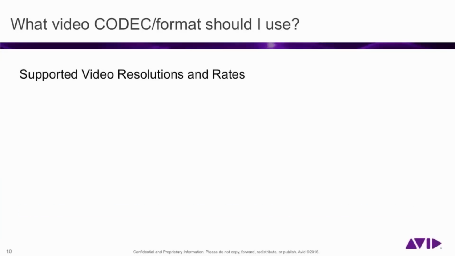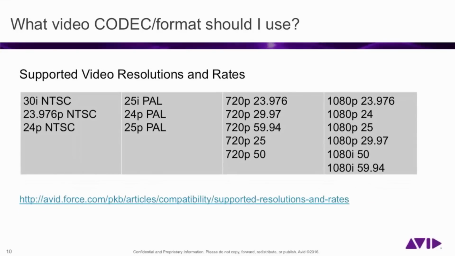We will. So let's just move on to the supported video resolutions and rates. I'm not going to go into all of them. These are basically the standard rates. On the two right columns here, you see the HD resolutions and rates, and the first two columns are the SD resolutions and rates.